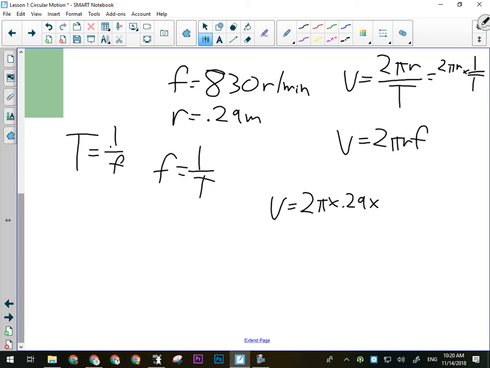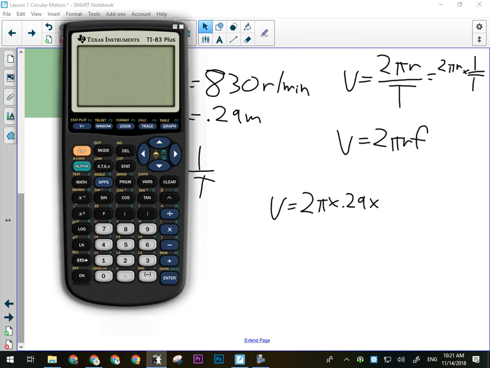Turn it into revolutions per second by dividing by 60. So the tire on that machine spins around almost 14 times in a second. It's pretty quick. All right, so there we've got our frequency.